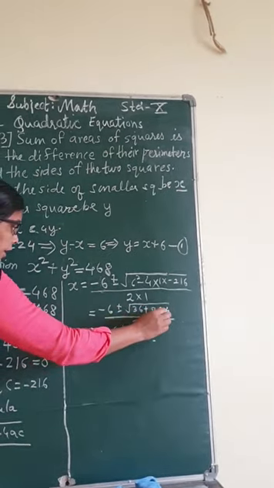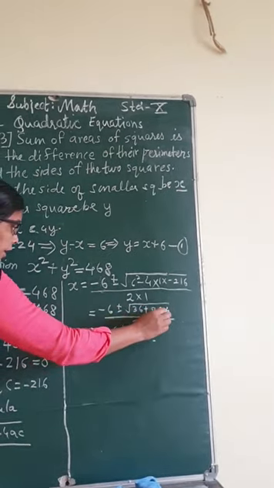Upon 2. So it means x will be minus 6 plus or minus square root of 900, which is 30, upon 2. So x will be minus 6 plus 30 upon 2, or x will be minus 6 minus 30 upon 2.